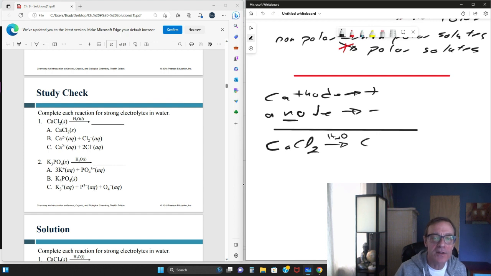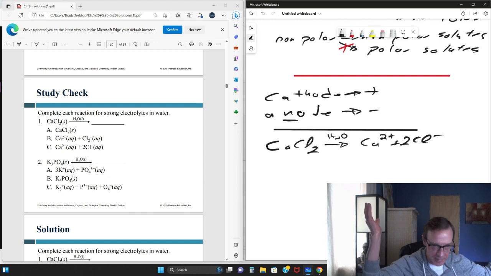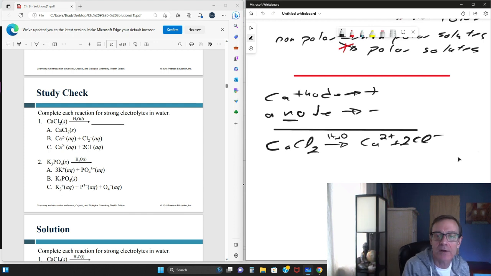So we know that calcium is in group, oh no, excuse me, group 2. So +2 cation, and we get 2 chloride ions to balance that out. So that's going to be a strong electrolyte. Lots of calcium and chlorides in solution.